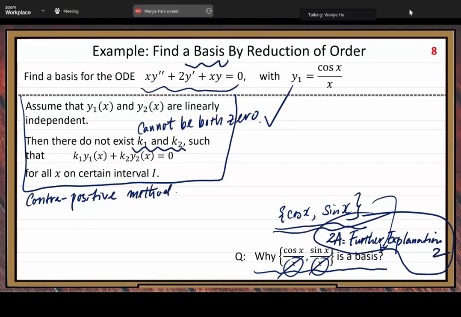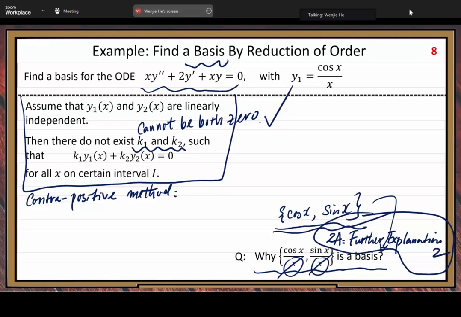Because our goal is linearly independent, we want to assume they are linearly dependent, then get a contradiction.